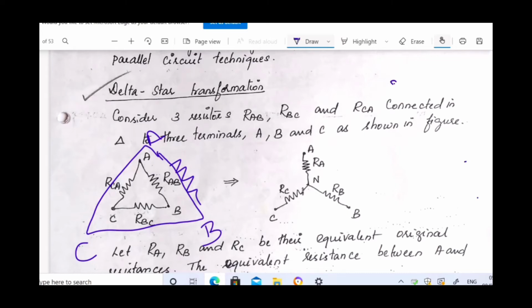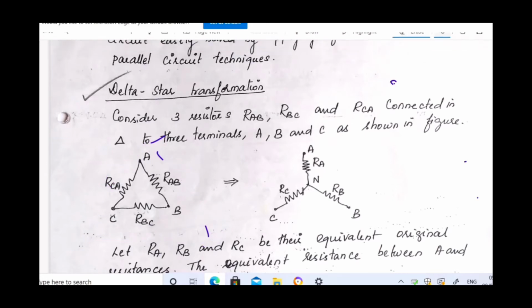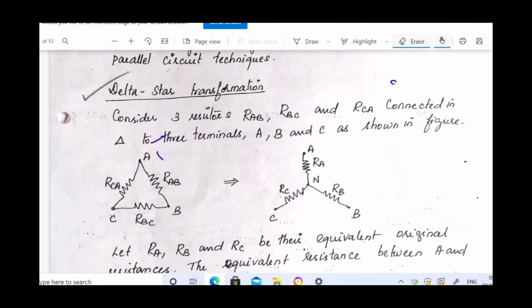Between the points B and C, a resistor is connected. Between the points C and A, a resistor is connected. Accordingly, these resistors are named as the resistor between AB, the resistor between BC, and the resistor between CA, from C to A. It forms a delta structure.